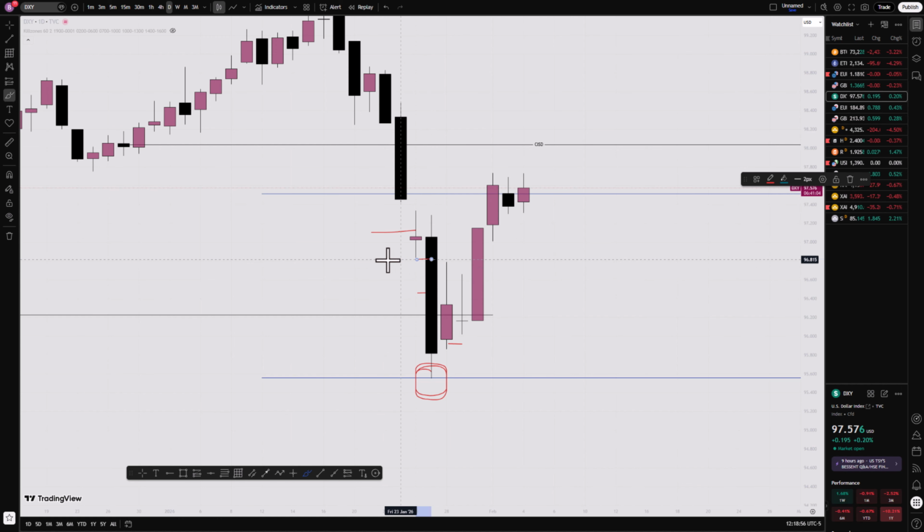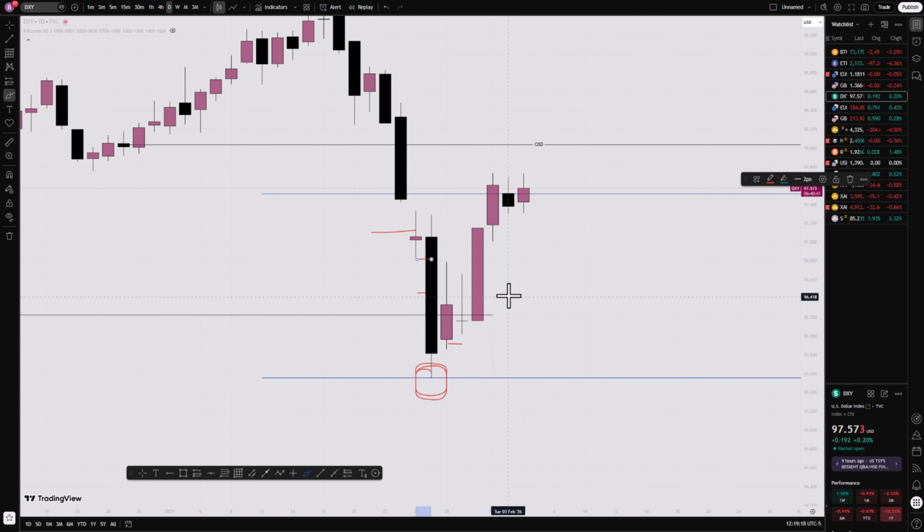That means this candle should have closed inside the range of this candle, but we see a strong candle. What you need to do is wait for price to close above the candle to have more confirmation for buying trades.